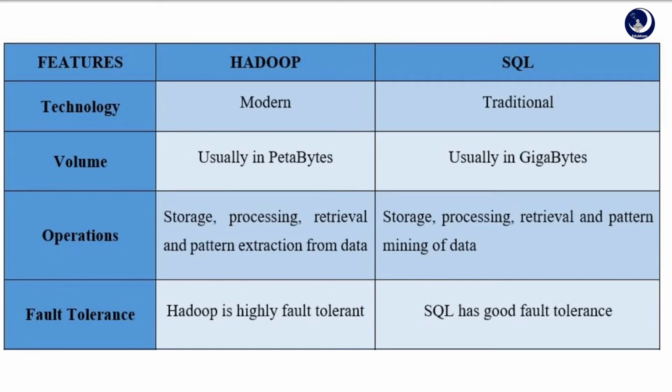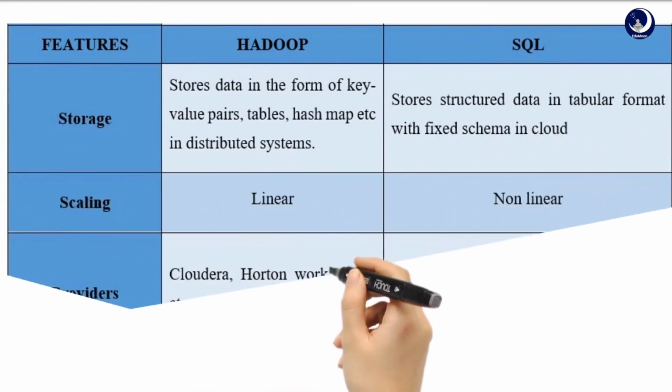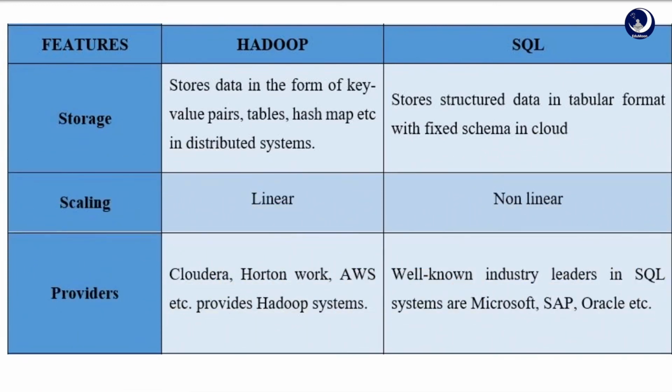Fault tolerance is high in Hadoop, whereas SQL is simply good or even low at fault tolerance. The other differences are the storage is in the form of key value pairs or hash maps in Hadoop, whereas it is in tabular format with fixed schema in SQL. The scalability is linear in Hadoop, whereas nonlinear in SQL.